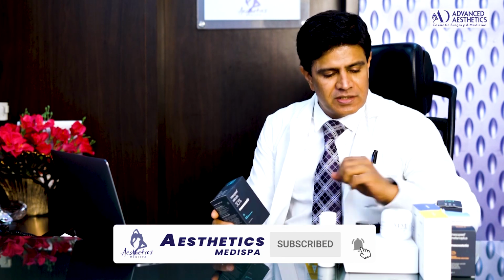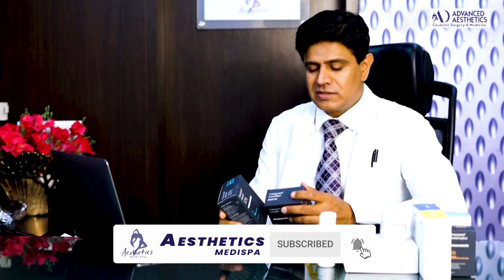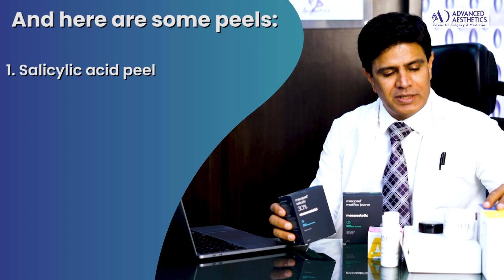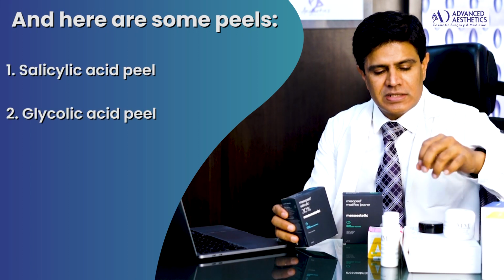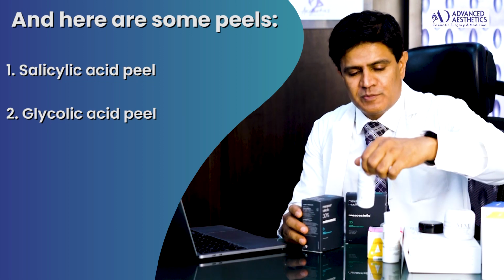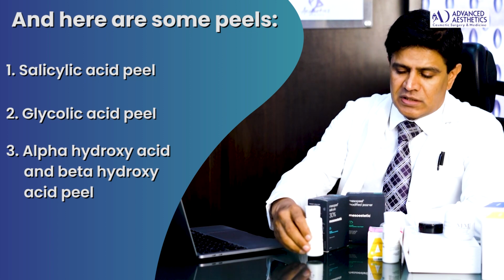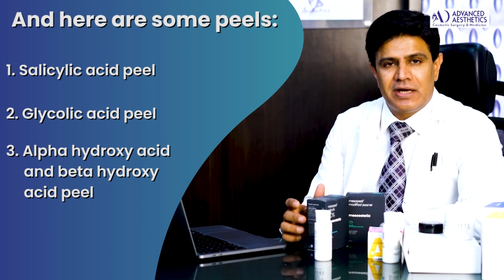Salicylic acid is a monopeel. Now there are concepts about monopeels and combination peels. We will come to that later. So a salicylic acid peel, or a glycolic acid peel, these are monopeels. One of the commonest peels is an alpha hydroxy acid and a beta hydroxy acid peel, where the beta hydroxy acid is nothing else but salicylic acid and the alpha hydroxy acid is glycolic acid, and both in combination. So these are combination peels.